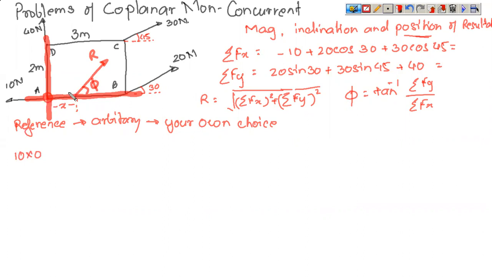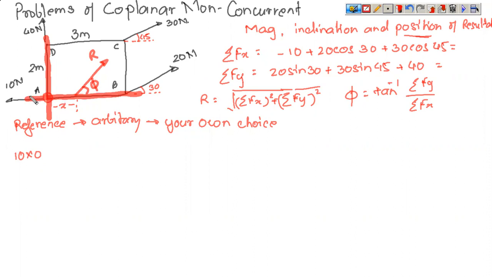Okay. Now, perpendicular distance means, from the line of action, the distance between two parallel lines is actually called your perpendicular distance. So here you have two parallel lines. This is parallel to this line AB, the dark line AB.